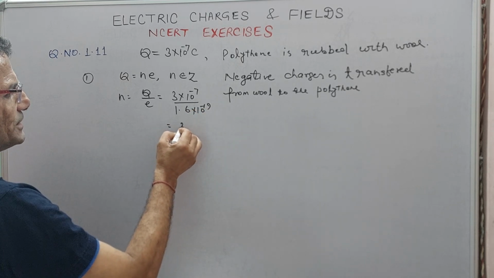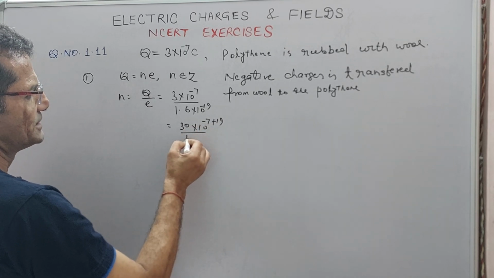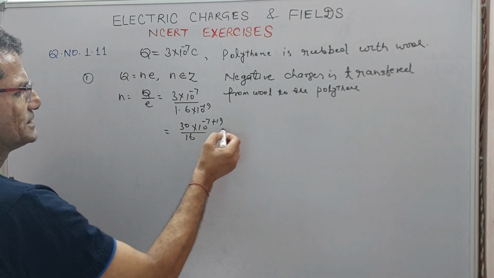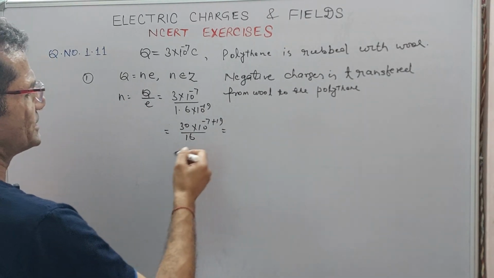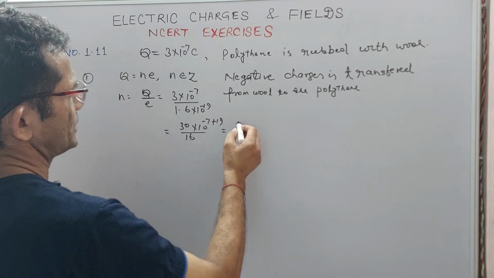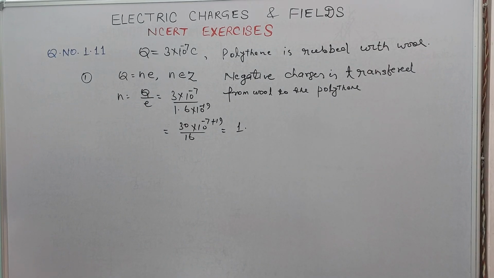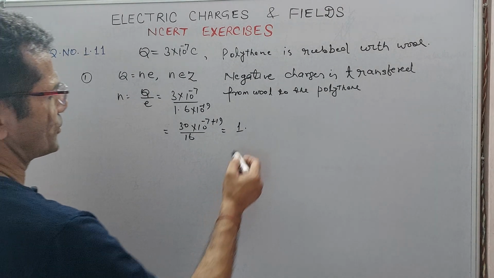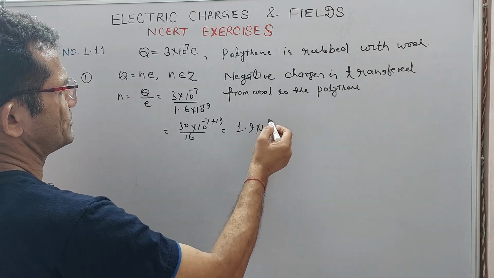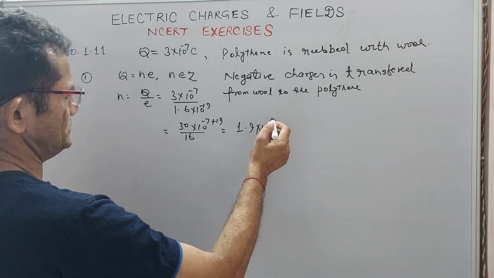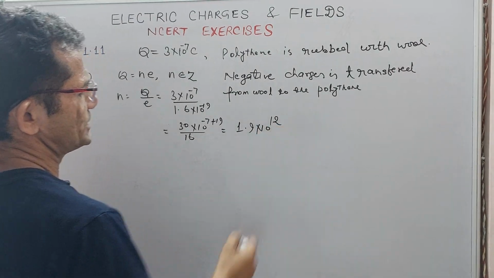If you solve this, the value comes out approximately 1.9 into 10 raised to the power 12.